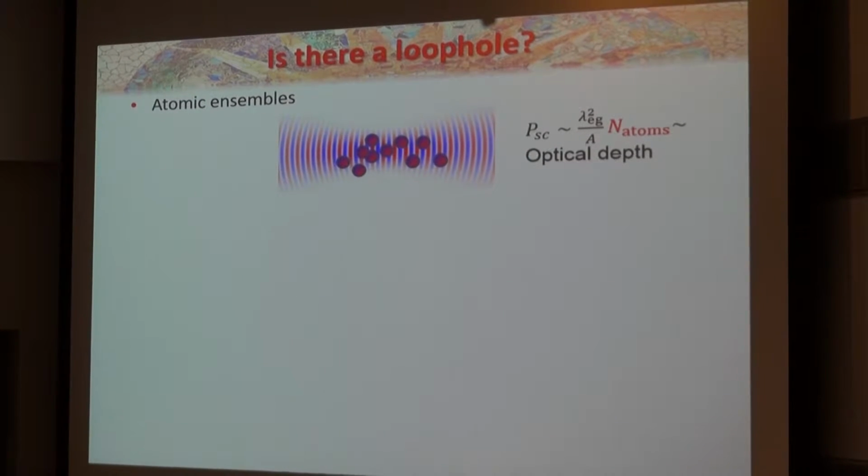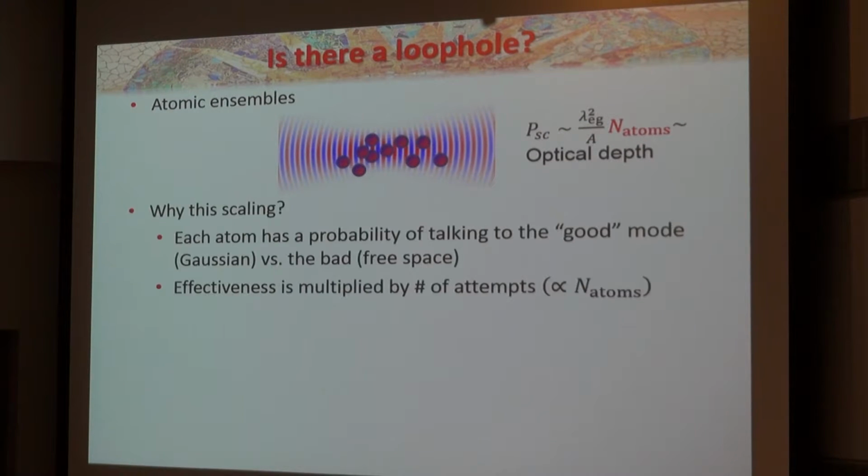So it's viewed as a pretty fundamental result in atomic physics, but then you can ask, is there some possible loophole to exploit? And here I'm going to focus particularly on the case of atomic ensembles. Okay, so the naive figure of merit is the single atom interaction probability times the number of atoms. And you can ask, maybe a little bit more conceptually, why is the scaling this way?